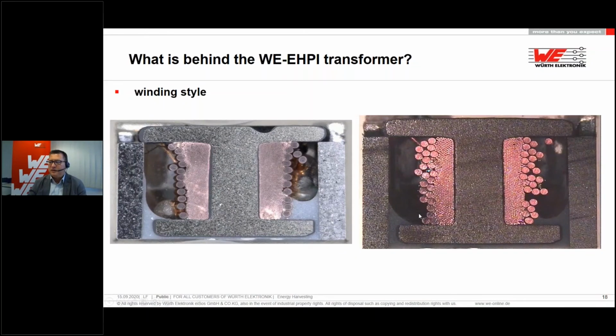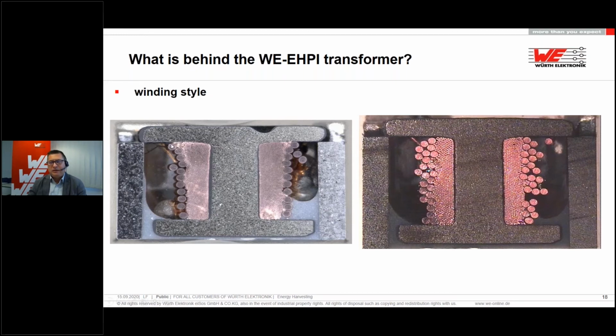If you look here, this is the 1 to 50. You can see the wire thickness of the 1 to 50, and this is the 1 to 100. For the 1 to 100, we use a primary wire thinner than a human hair. This is the smallest wire diameter which a winding machine can handle.